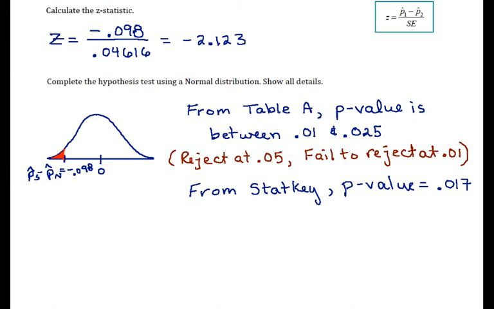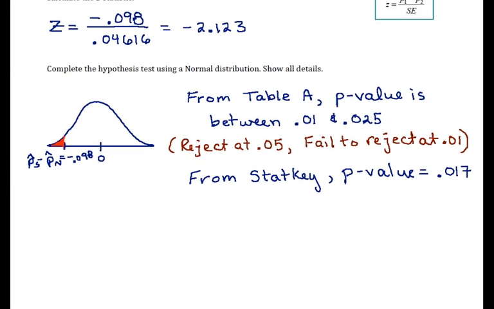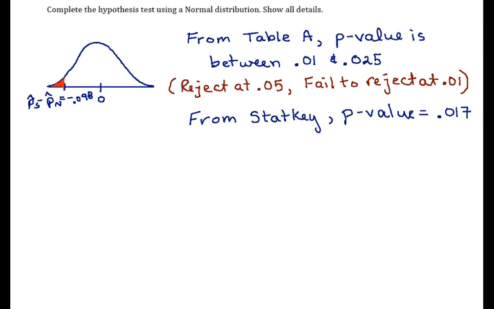And we can see that that gets us absolutely consistent information with what we found from Table A, just a little bit more precise. So our conclusion is that we have strong evidence that the alternative hypothesis is true. I just need to word that in a way that is non-technical and is in the context of the original question.